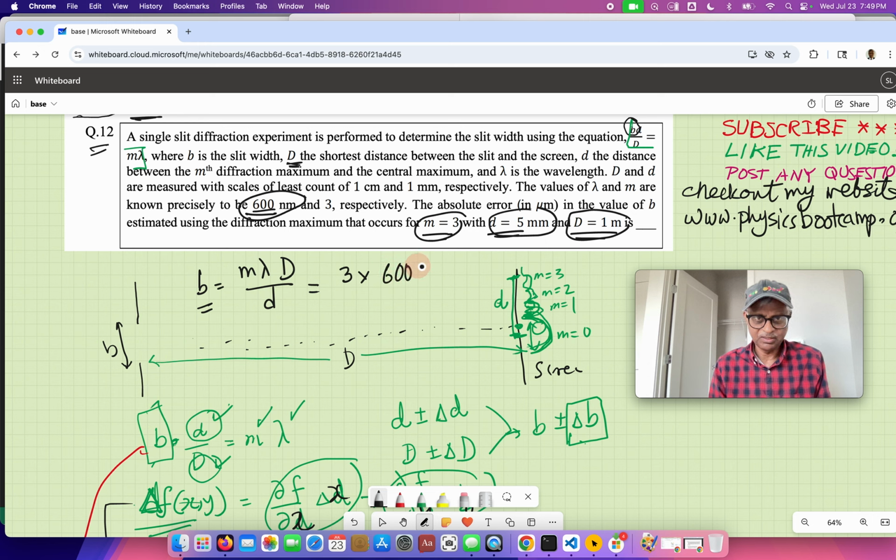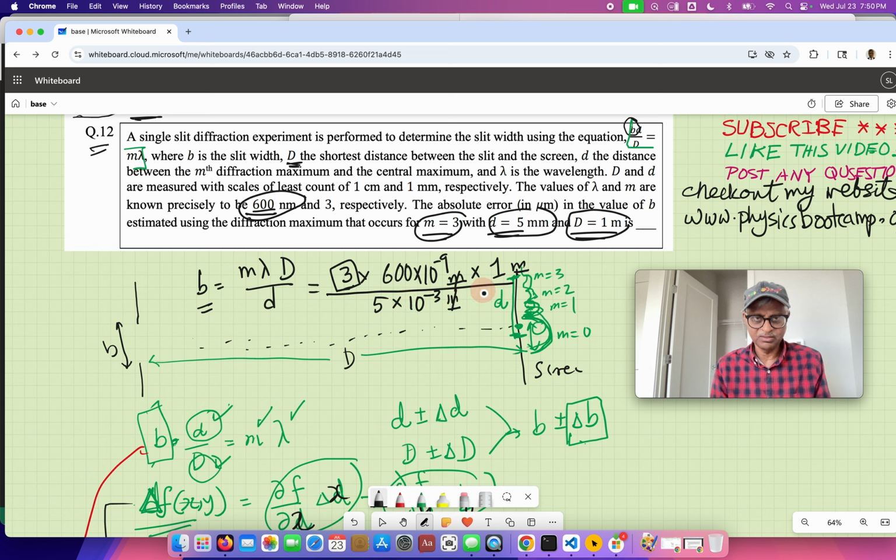So you have 600 times 10 to the power minus 9 meter. And then we put an underscore for the unit, so I don't confuse it with the letter m, which is this. This guy is m. And capital D is 1 meter. Little d is 5 millimeters, so 5 times 10 to the power minus 3 meter.